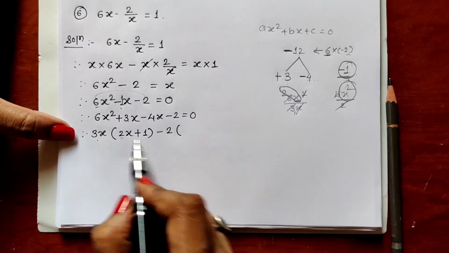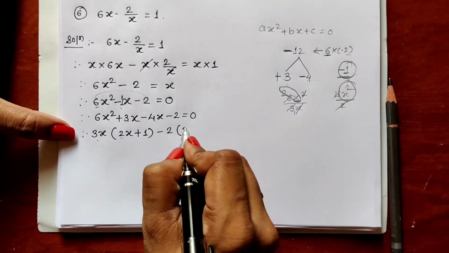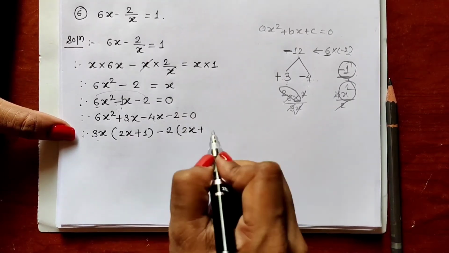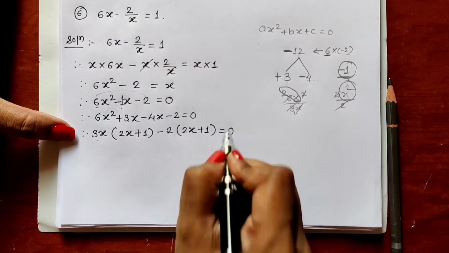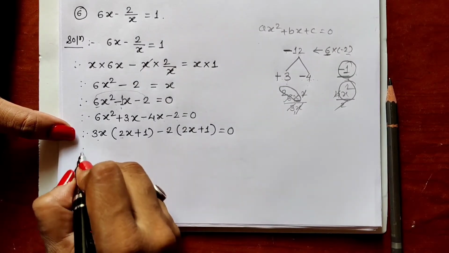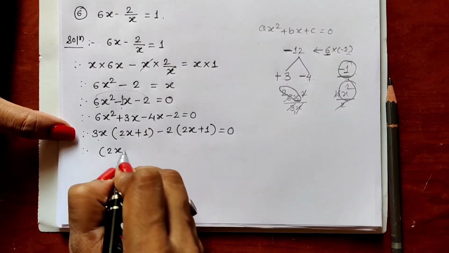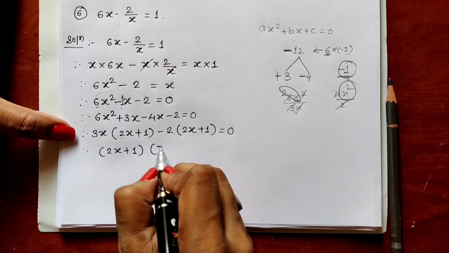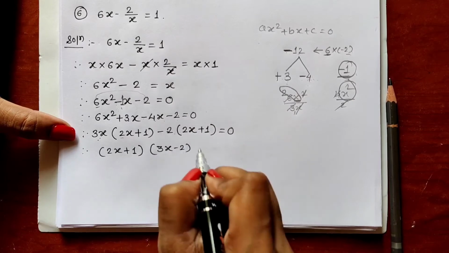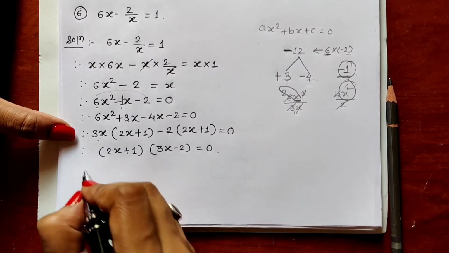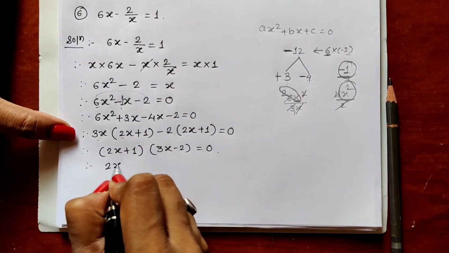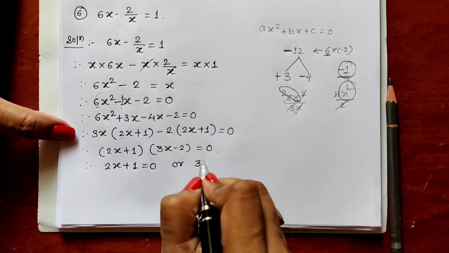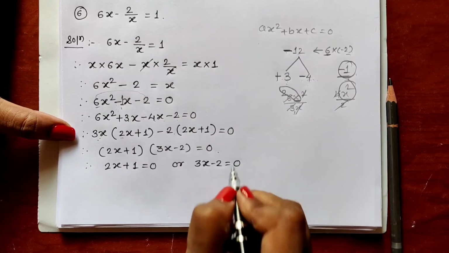Always see that all the terms inside the brackets are the same. 2x, minus minus will become plus, 2 1s are 2. We are getting the same bracket. So we write this bracket one time, common bracket. In the second bracket we write the expression 3x minus 2 is equal to 0. Therefore 2x plus 1 equal to 0, or 3x minus 2 equal to 0.